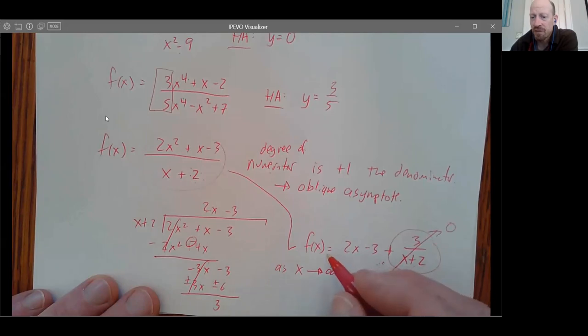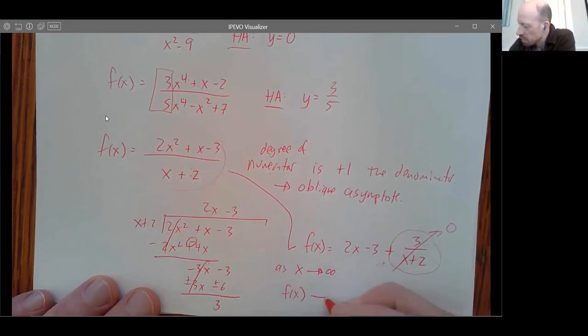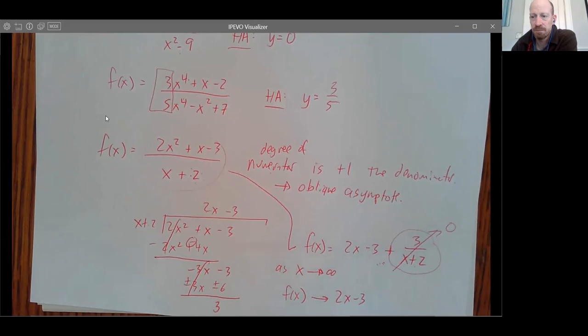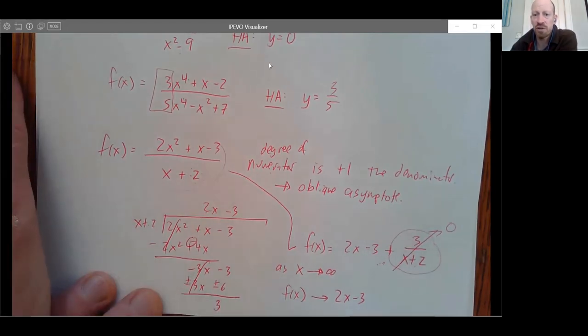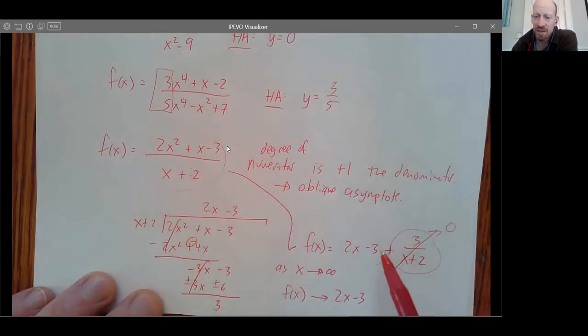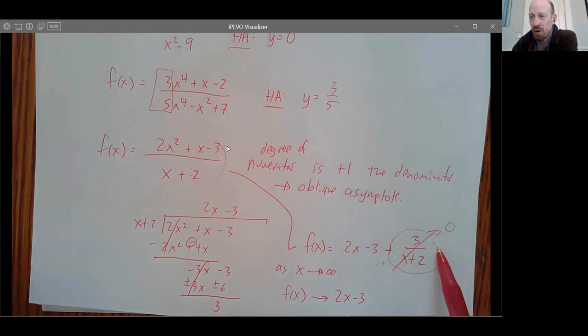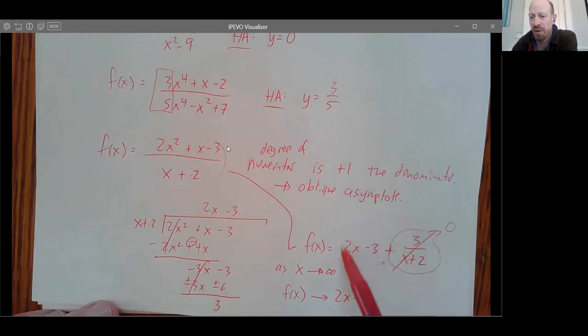So f of x is going to get close to this line, 2x minus 3. It's going to get closer and closer as x gets bigger and bigger, because this part is going to get more and more inconsequential, and so the whole thing is going to get closer and closer to this.